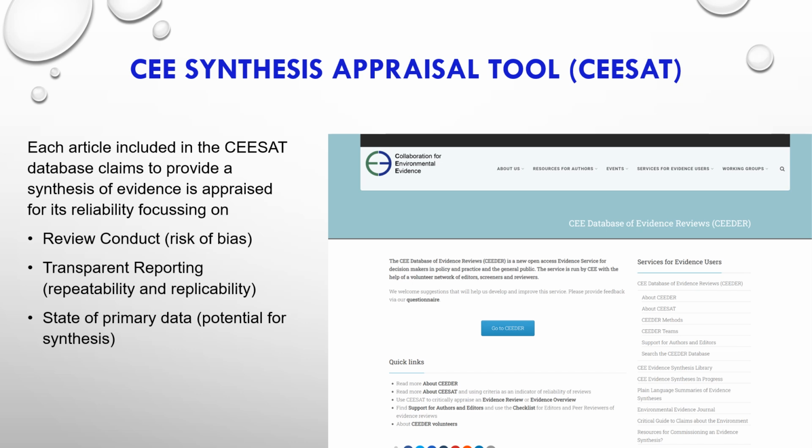Consequently, it's not only the scientific merit of the review being judged, but also the state of the evidence base. Together, this provides an estimate of the reliability and utility of the synthesis findings for decision making. In other words, the confidence you can have in the findings.